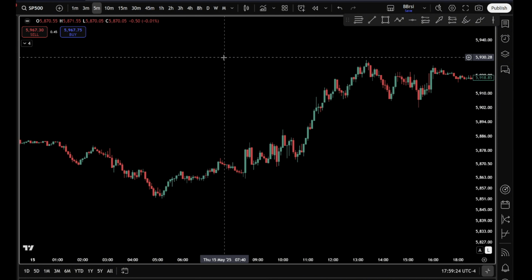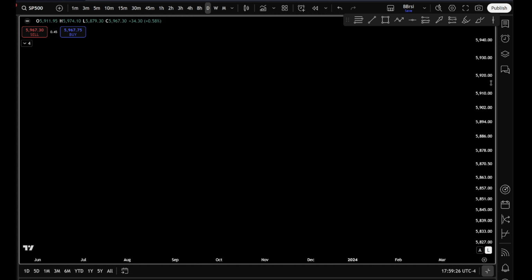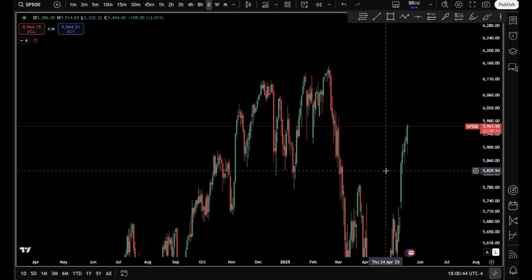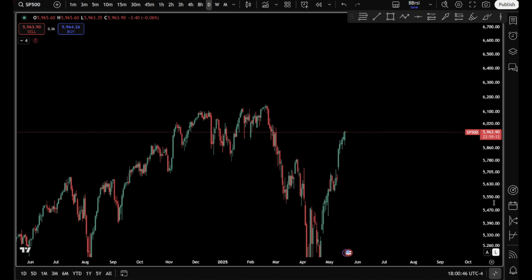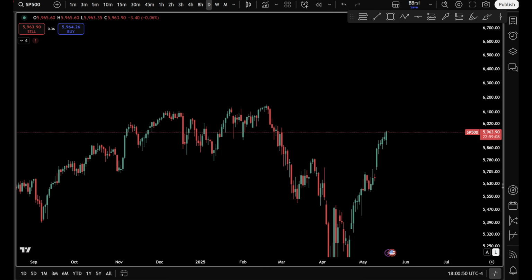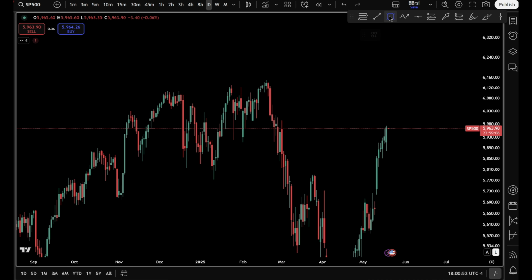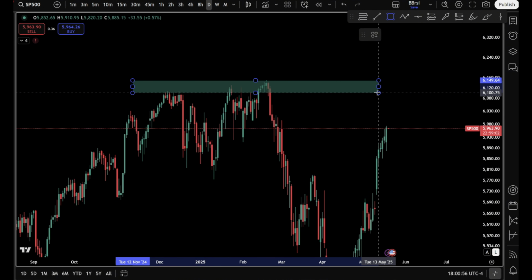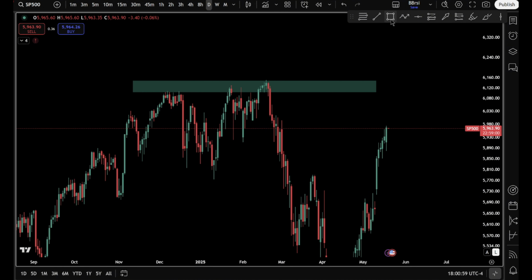I will remove this. You can go even on the daily. So you can see here on the daily chart. Over here, if you draw the resistance, that's the resistance area.